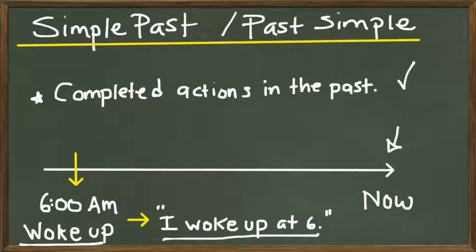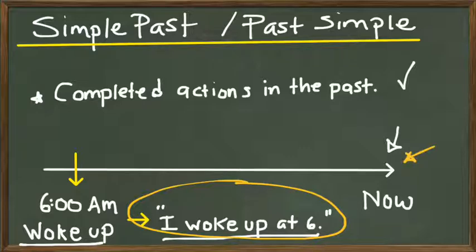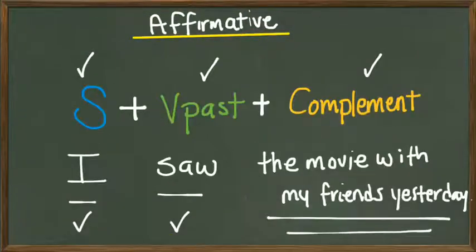One more thing not to forget: the simple past, or the past simple, is to express completed actions in the past. Example, I woke up at 6 a.m. This is the present and this is the past, a point in the past.